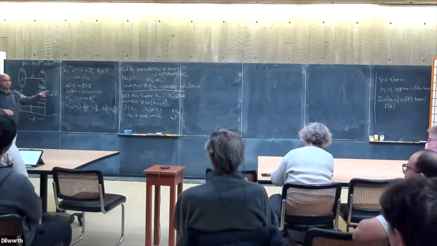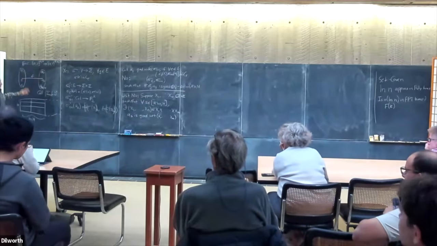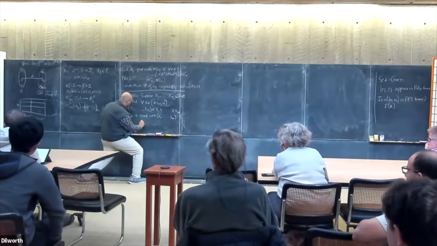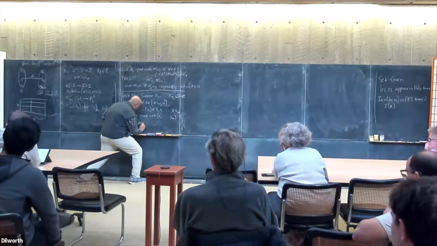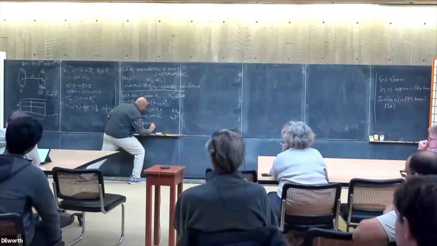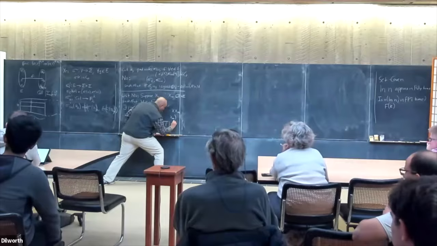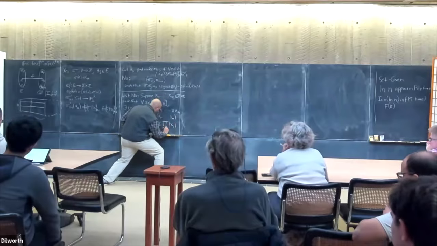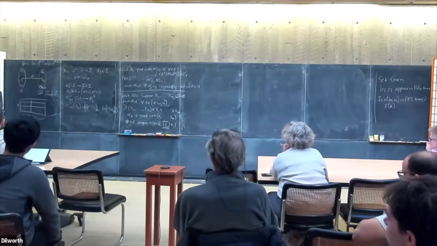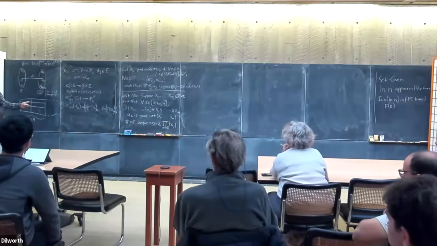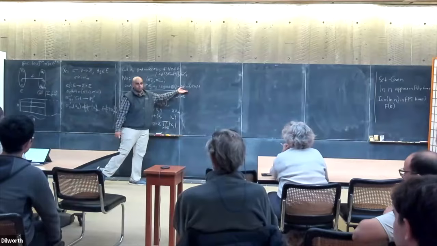So if I have x1 to xn, the number of proper assignments that are there is at most, right? And for each of them, I can only have these many ASs that are good.